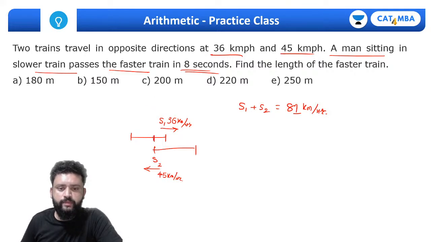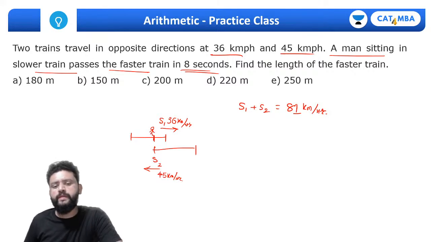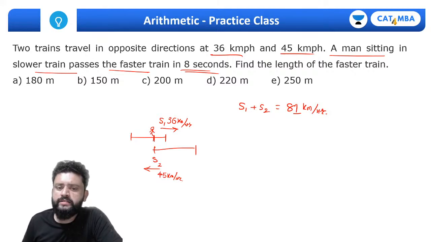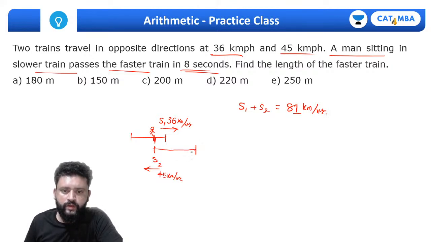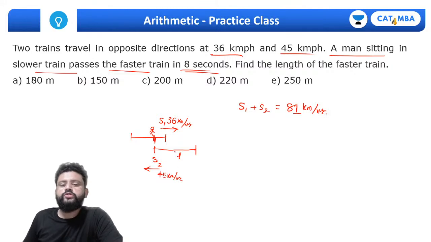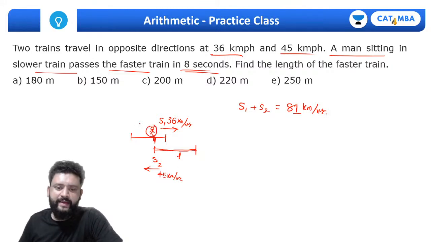So let's say here is the point जहाँ पे वो person है, तो जहाँ भी वो person रहेगा वहाँ से, उस point से length of the train we don't know, L be the length of the train. तो ये लेंथ क्रॉस होने के लिए इस पर्सन को 8 सेकेंड टाइम लगा.